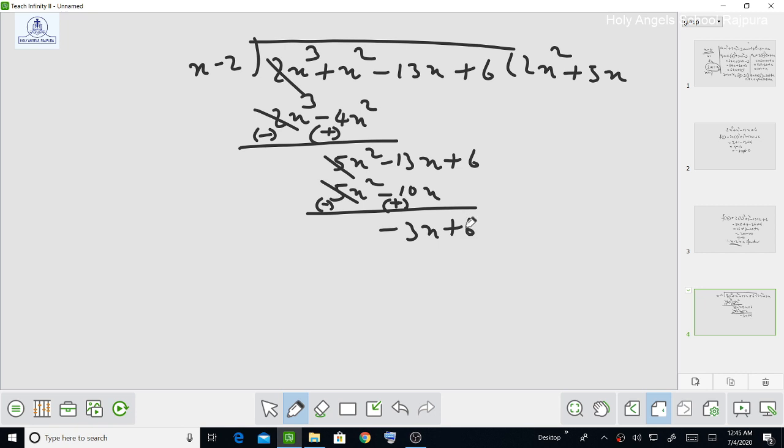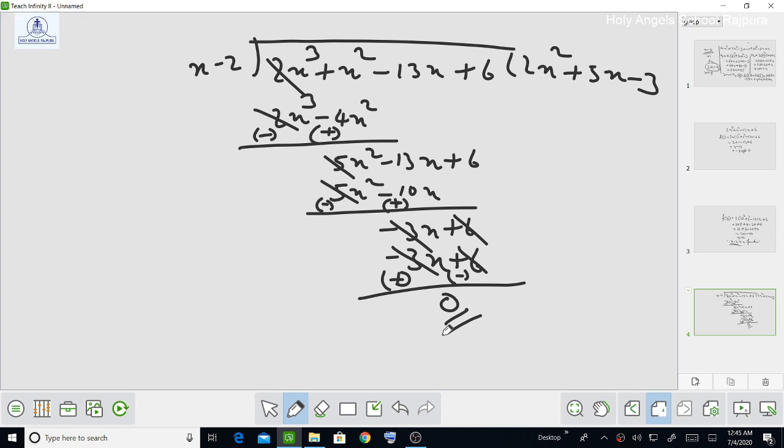To get minus 3x, x should be multiplied by minus 3. Minus 3 into x is minus 3x, minus 3 into minus 2 is equal to plus 6. Remainder is 0. That means x minus 2, already we have proved that x minus 2 is a factor.